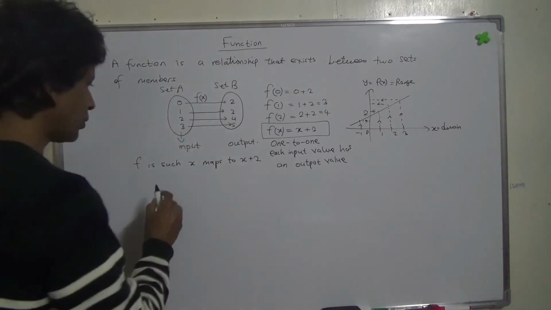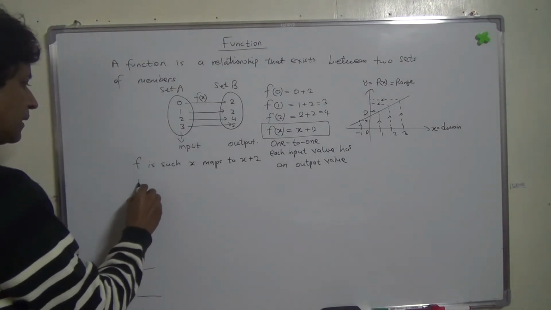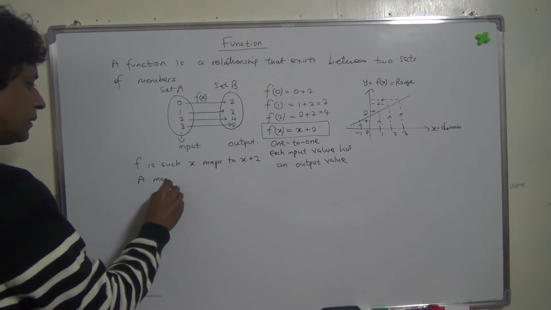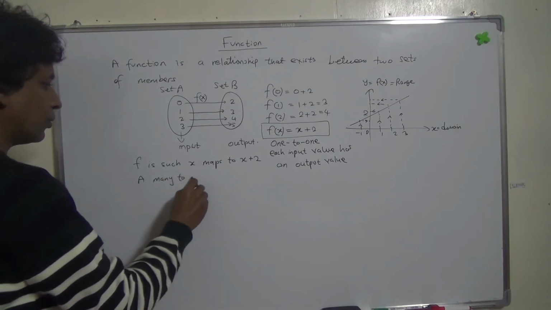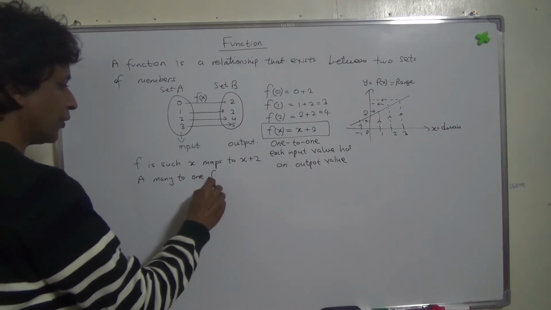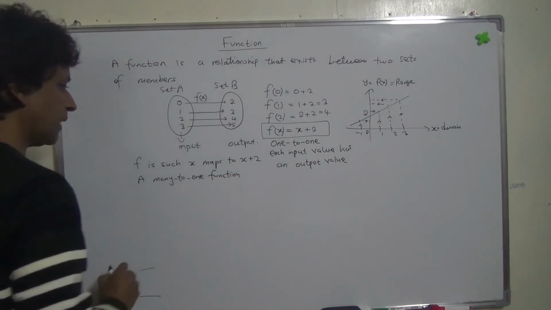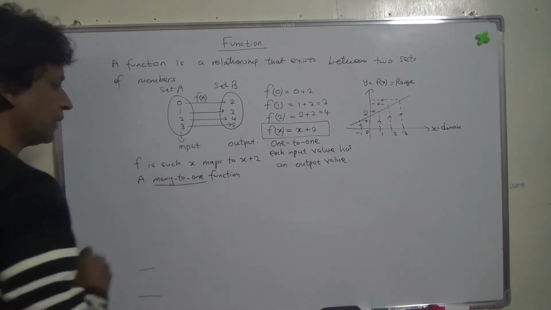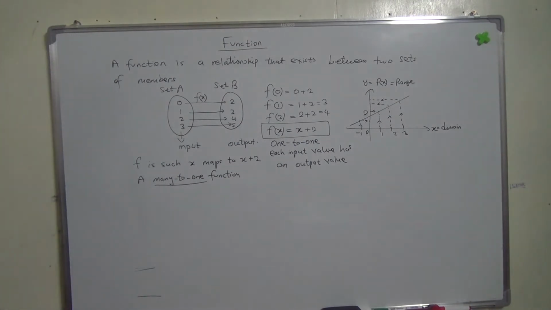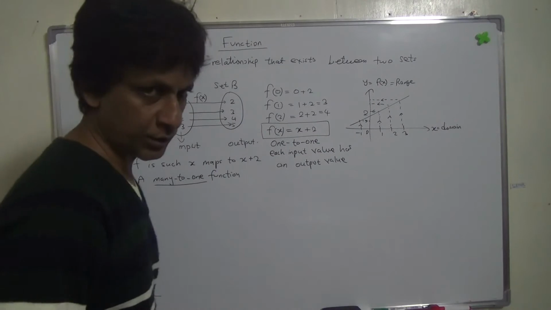And we can also have a many-to-one function. An example of this would be a quadratic curve. A many-to-one function is clearly a function that has input and output values as well.